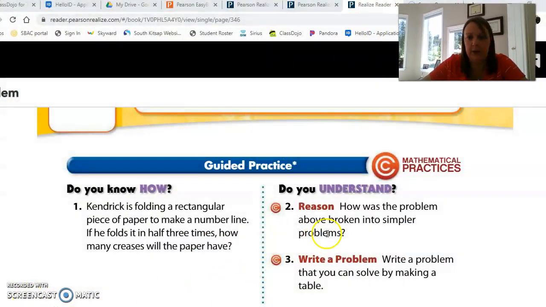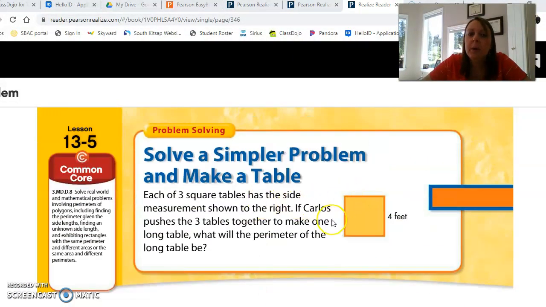Now number 2. Number 2 makes us think about the question from the video, of putting the tables together. It says, how is the problem above broken into simpler problems? So remember up here, he was putting these tables together, and you know that each side is 4 feet. So if you think about how was this an easier problem than figuring out when he put the 3 of them together?